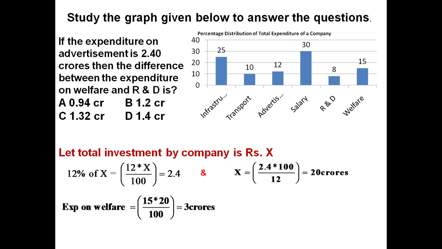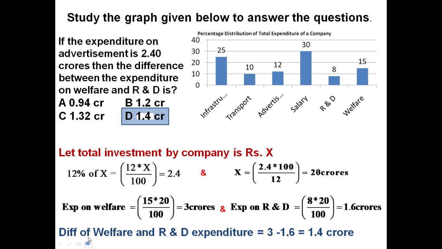So investment on welfare is 3 crores of rupees, and investment on R&D is 8%. So expenditure on R&D is 8 into 20 divided by 100, which is 1.6 crores of rupees.